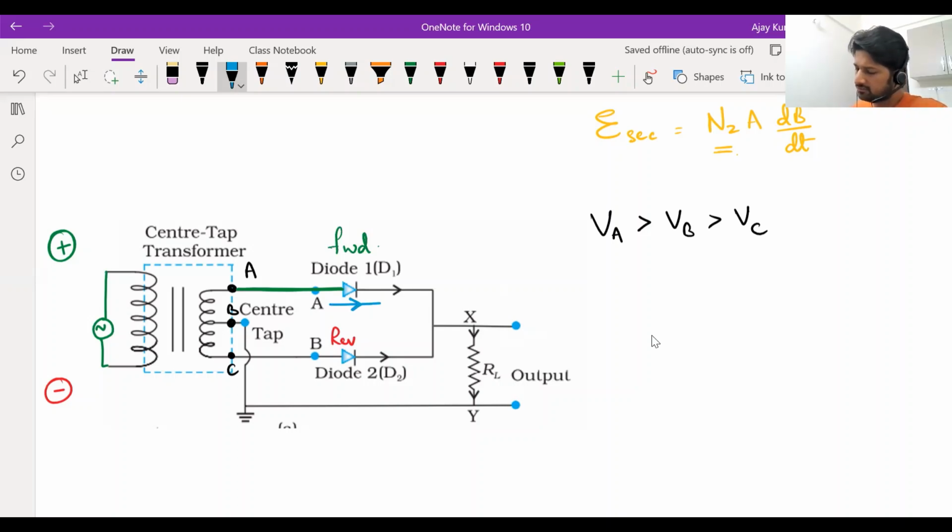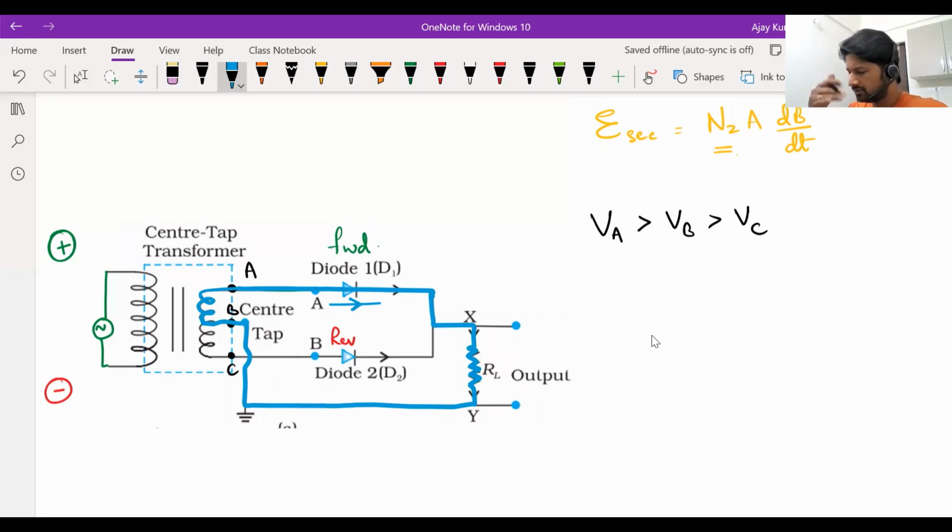Now the current flowing through D1, how does it flow? Basically, it will have to go like this, through the diode D1, goes through the load resistance, and this way. So there is a proper path for the current to flow.